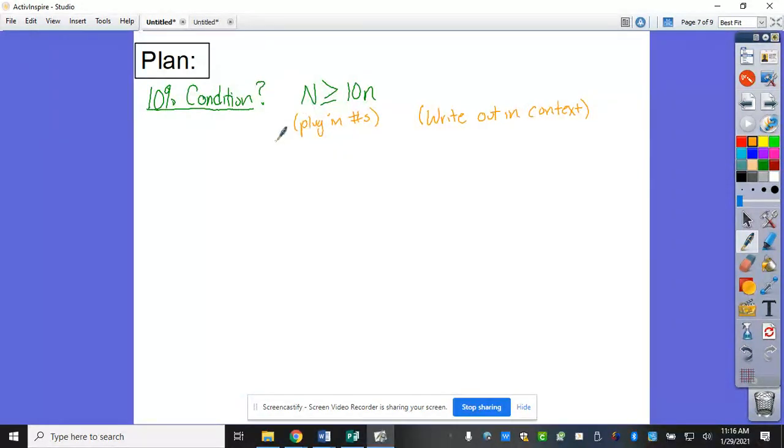What's my other condition? Check and see if I can use normal. How do I do that? So I'm plugging in numbers.